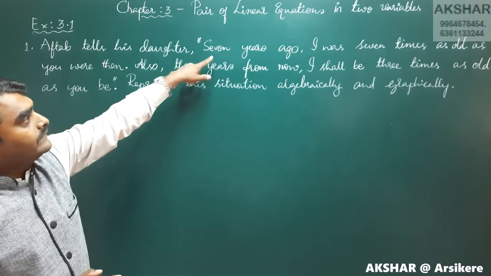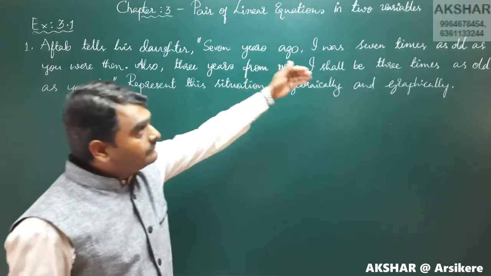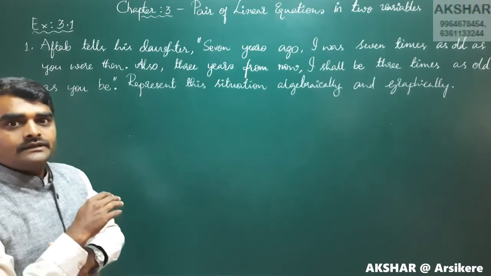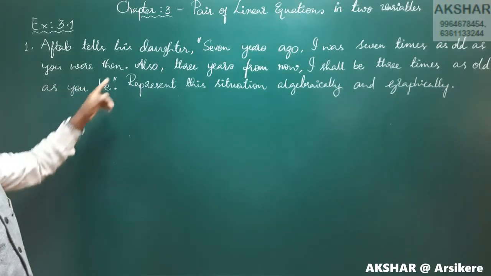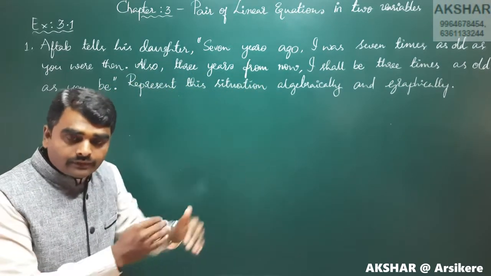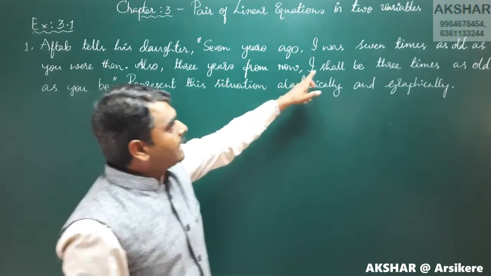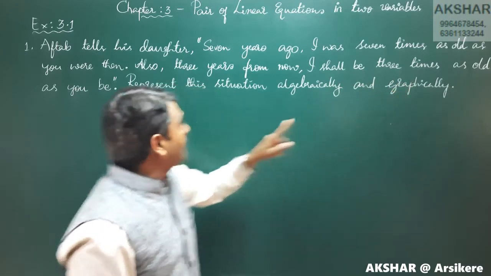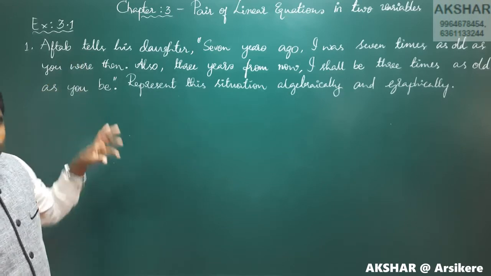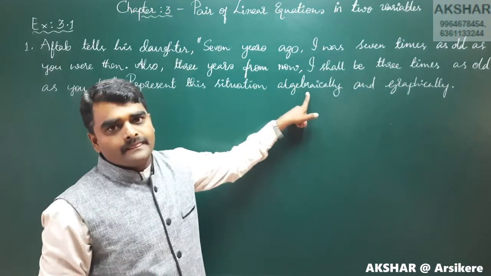And continuing, 3 years from now, meaning in the future, I shall be 3 times as old as you will be. This is the situation. We have to represent this situation algebraically.